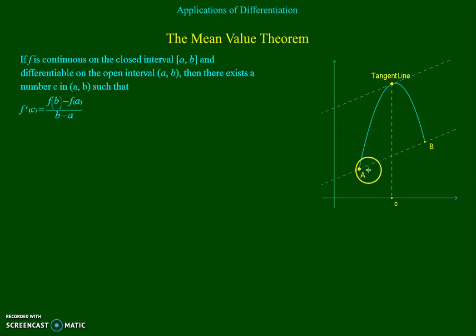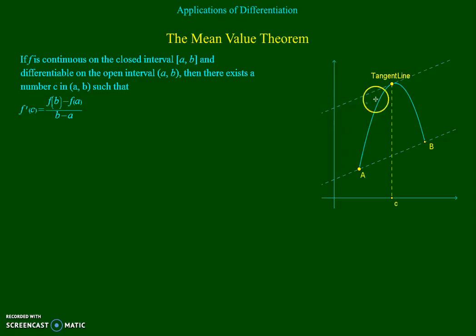I hope you remember that ever since the concept of slope was brought up, it was brought up with the idea of rate of change. And here it is coming up again. So again, the slope of the secant line is given on the right side. Well, what's this left side? This is f prime of c. So what we're talking about is the derivative of the function at c. And as you know, the derivative is the slope of the tangent line at a specific point.